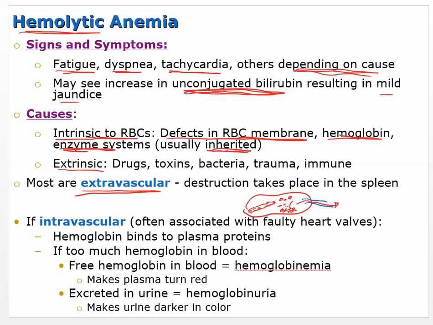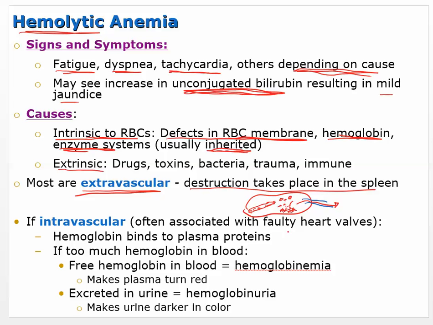Okay, so the same kind of thing can happen in some of the lymph nodes as well, but that's what we mean by destruction takes place in the spleen. That's extravascular, and that's where most of that takes place. If it's intravascular, which is, I don't know, maybe associated with a faulty heart valve. You have a faulty heart valve that's destroying red blood cells every time it closes.